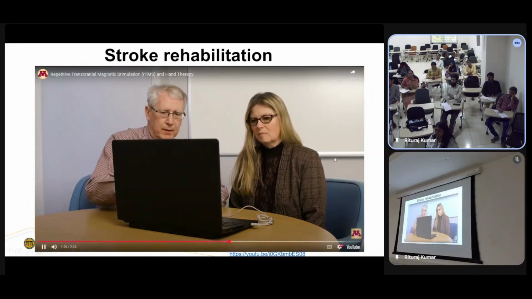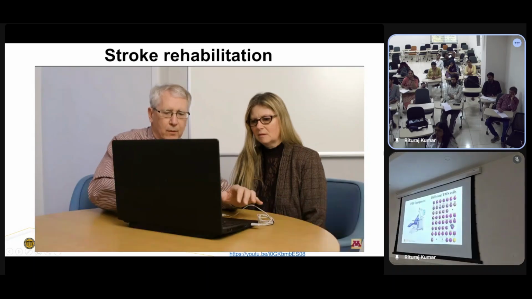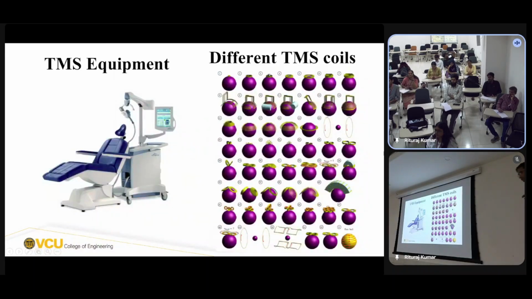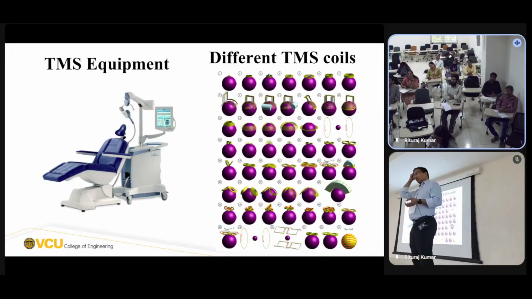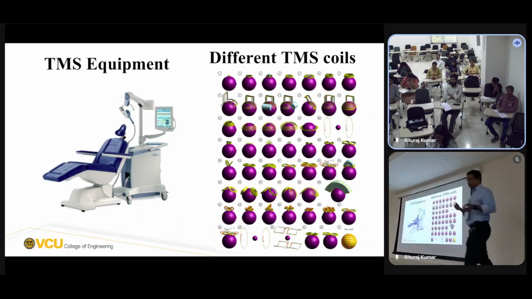Okay. After the brain stimulation, so basically, if a person has a stroke, one part of the brain area is dead, so the other part of the brain area is still active, but it doesn't normally do the motor function. So you activate it to make the motor function.